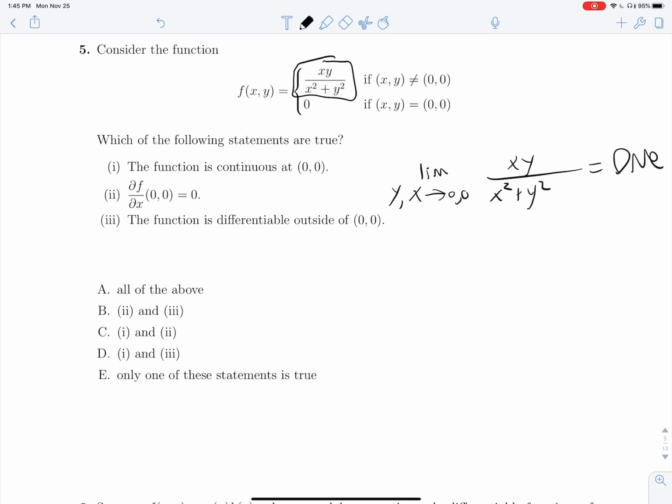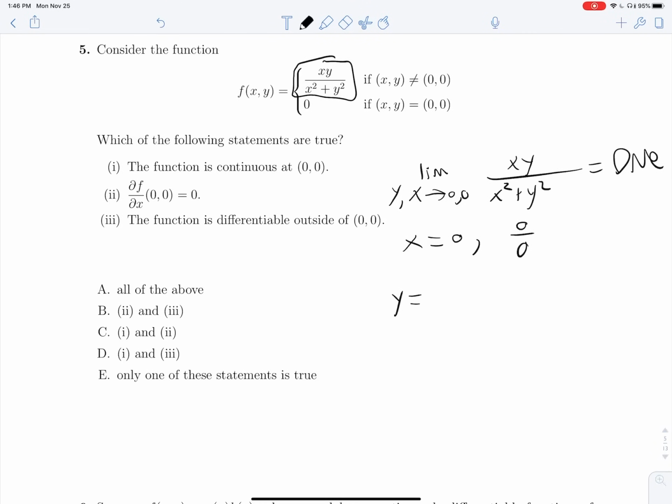And we can do that through the two-path test. So if we approach 0, 0 along the line x equals 0, then this is going to work out to 0 over 0, which is still pretty bad. So this will be in the form 0 over 0.